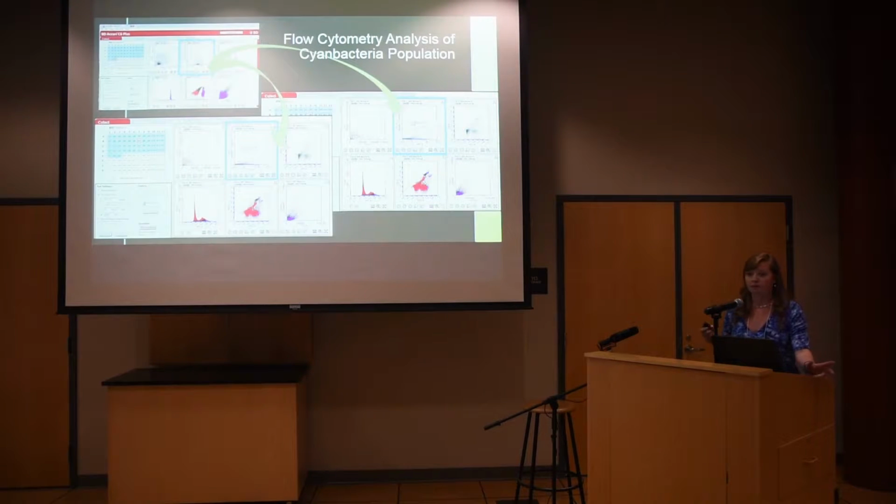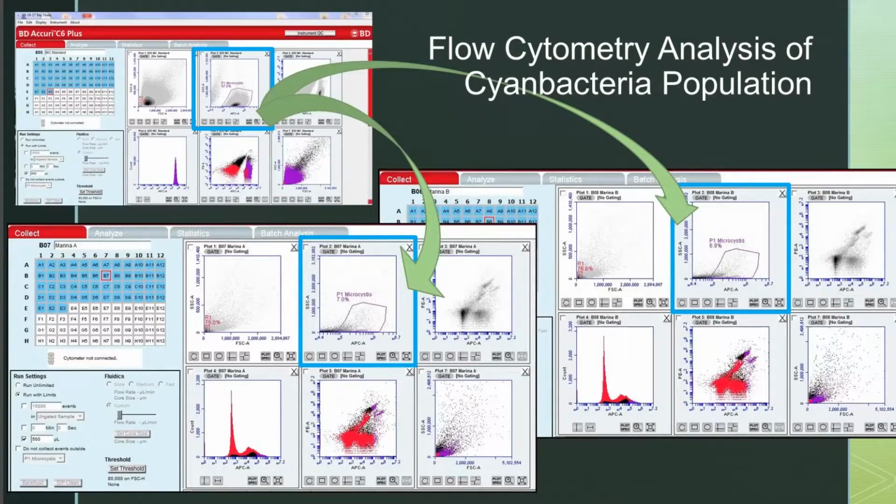After I was able to figure out how to read Microcystis using the flow cytometer, and to figure out how many cells per milliliter of Microcystis were in each sample, that was my next step. So what I had to do was take all of my data, each sample I ran in duplicate, and they all went through the same process.